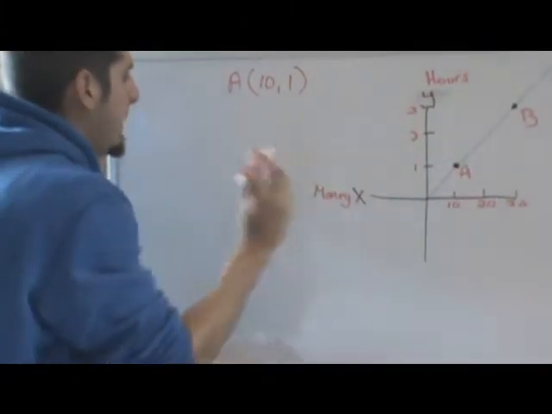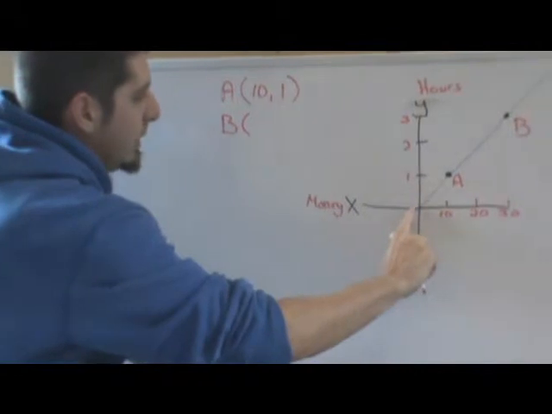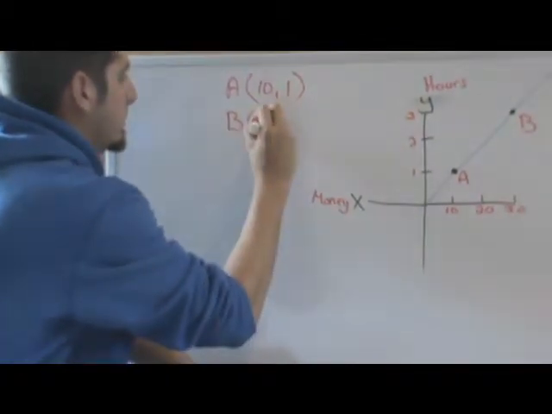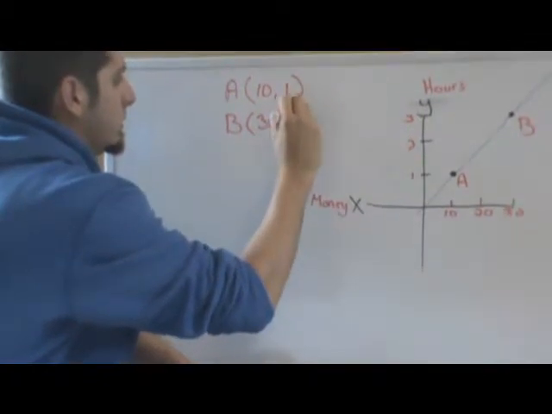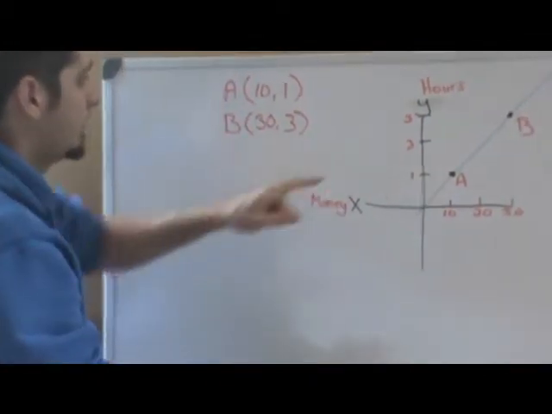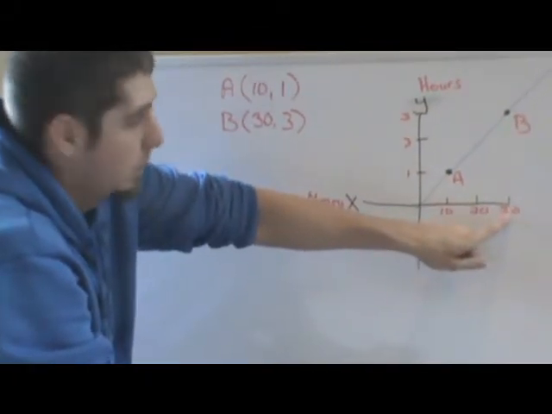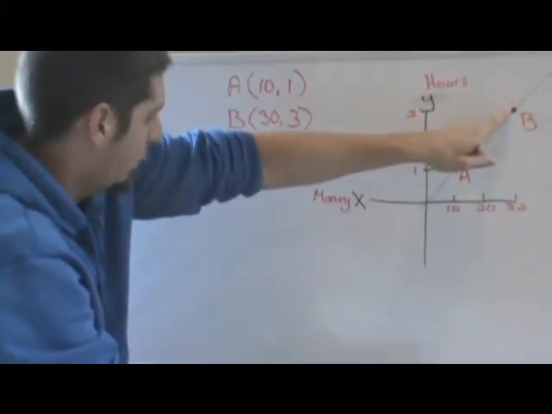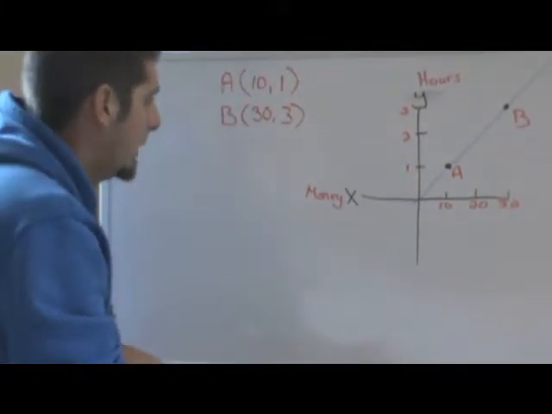If we look at point B, the ordered pair would be 30, 3. It's 30 because the x-coordinate, you can see that B is on the 30 for the x-coordinate. The y-coordinate is 3 because B is up 3 high.